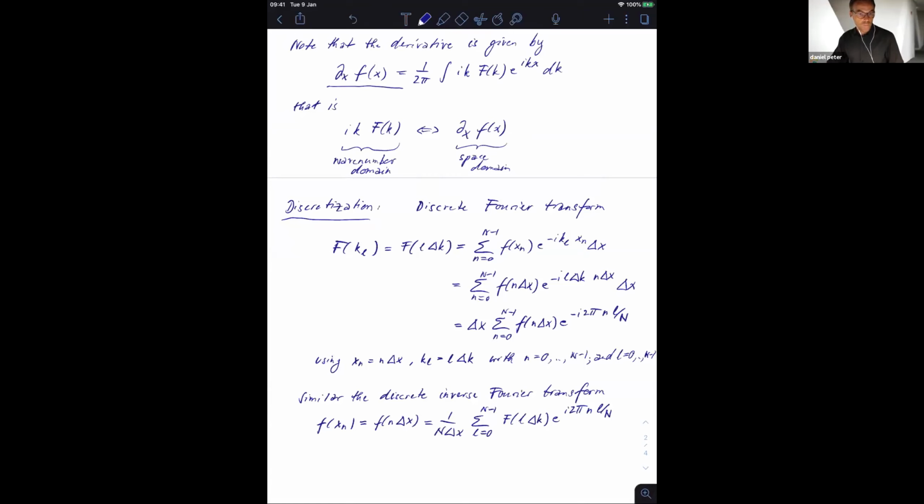Thanks. Yeah, the inverse is summing over the l indices. So it's basically the sum over all the discrete wave numbers, the k_l wave numbers. So you can write the k_l wave number as l times the delta k increment. So it's the sum over l. Yes. Thanks for pointing out. You can correct that.